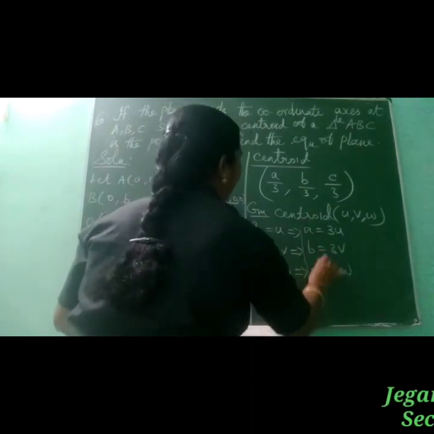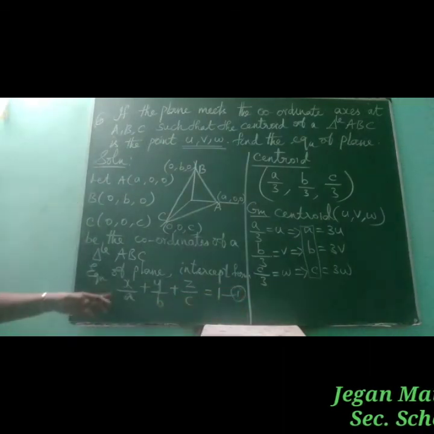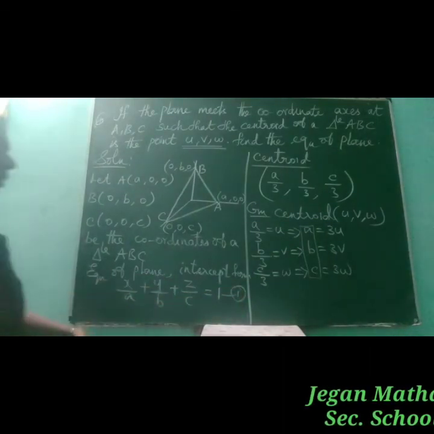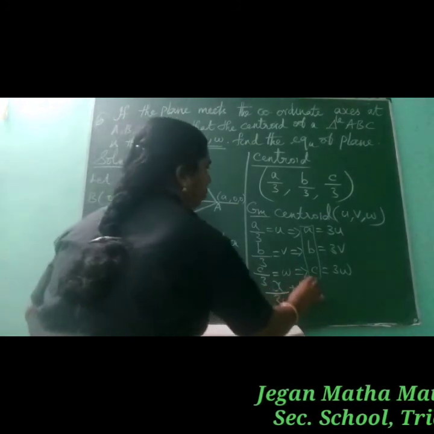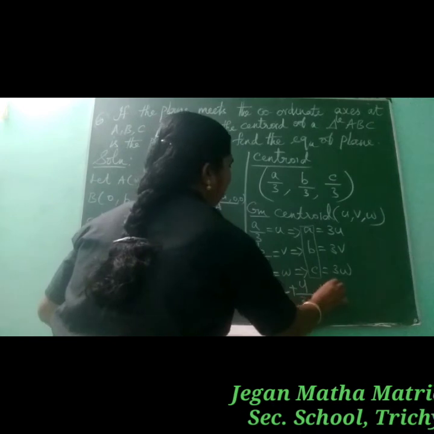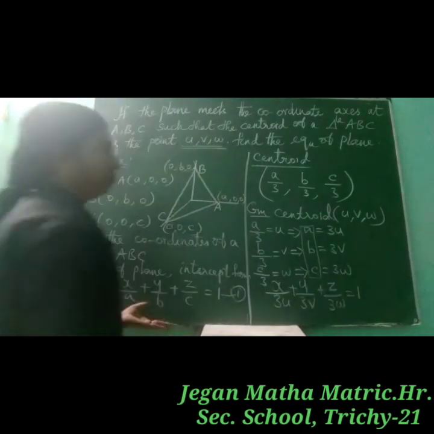So if you replace these a, b, c in the first equation, the equation of the plane in intercept form, x by 3u plus y by 3v plus z by 3w equals 1.